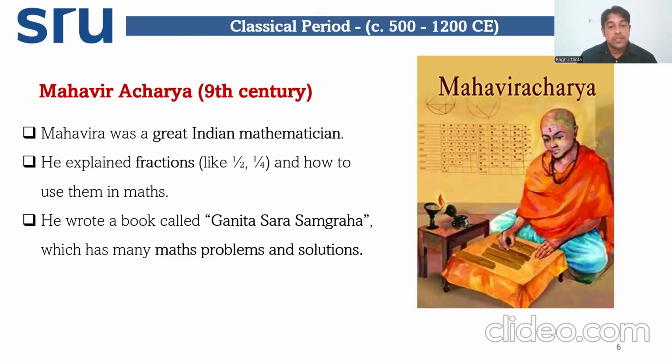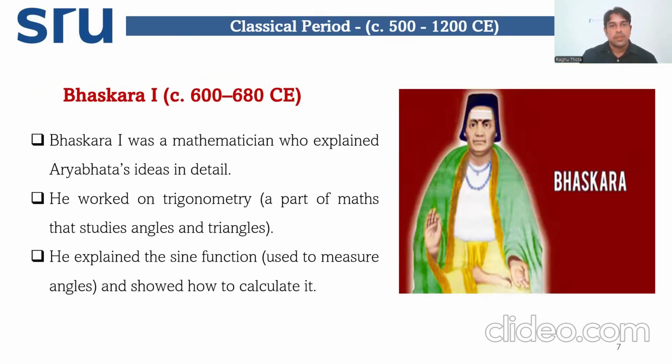And he wrote a famous book called Ganita Sara Samgraha, which talks about many mathematical problems with solutions. As I have already mentioned, every ancient mathematician has contributed something to Indian mathematics, which is the base for modern mathematics.